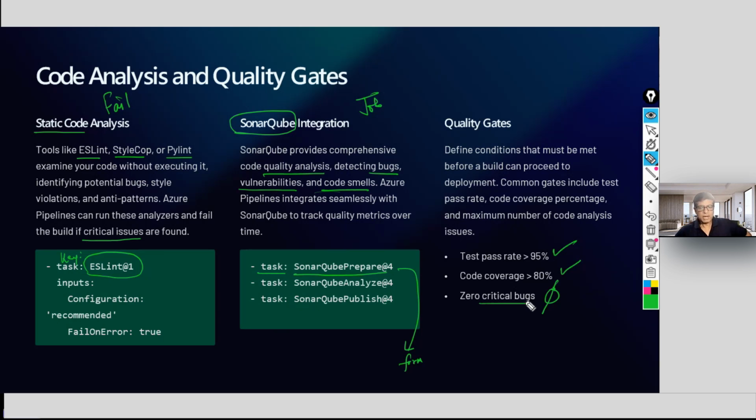If there are bugs, but they are soft bugs or non-critical bugs, it's okay. But if they are critical bugs, and you have defined what the critical bugs are, and you have passed, that means there are no critical bugs, and the quality gate will pass.